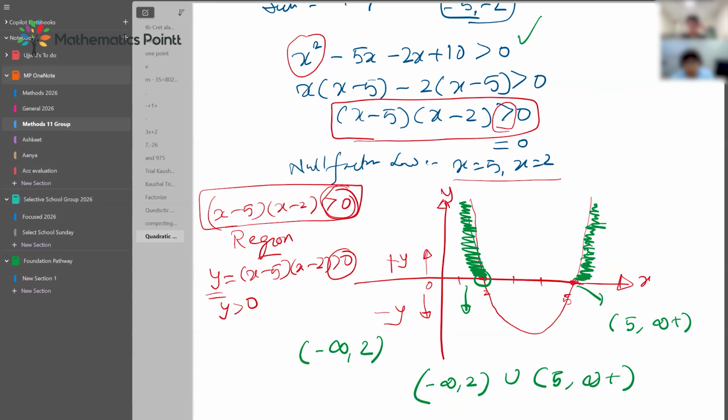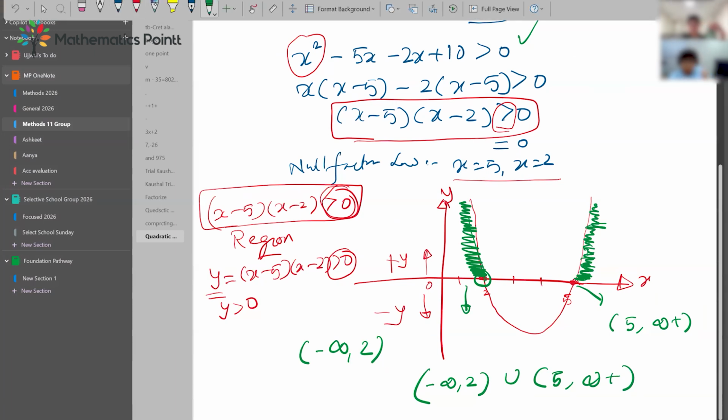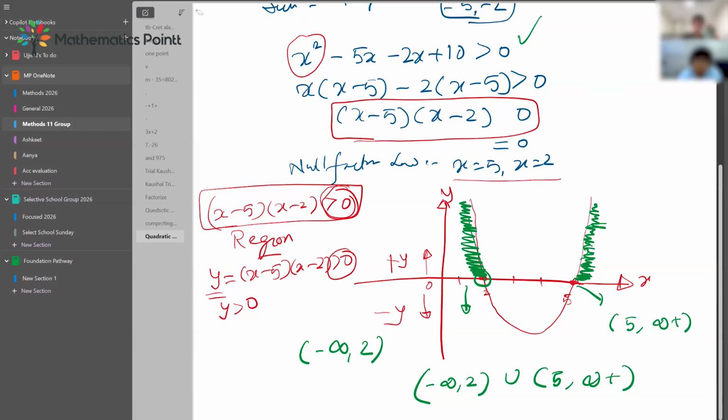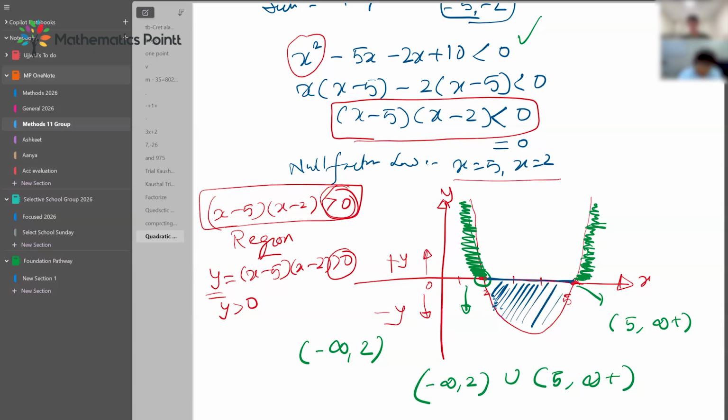Now I'll change the color of my pen again. And let's say this inequality would have been, and I write this, less than 0. If this would have been the case, then between 2 and 5 is when I am under the x-axis.